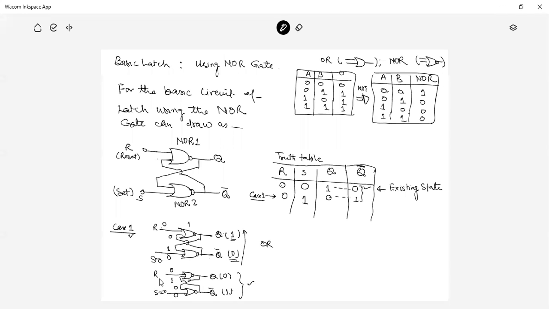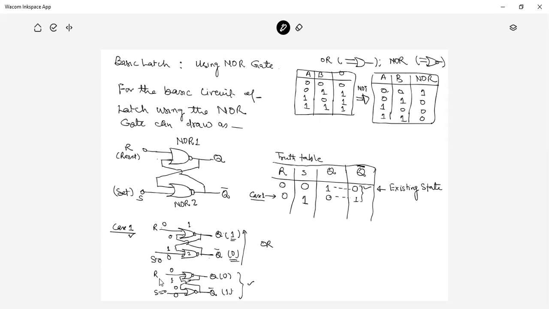NOR gate 1 has 0, 0 here. NOR gate 2 has 1, 0. So 0, 0 gives 1 and 1, 0 gives 0. This is clear from the NOR truth table. In the second part, what is the change? Q is now 0. So this is 0 and S is 0.